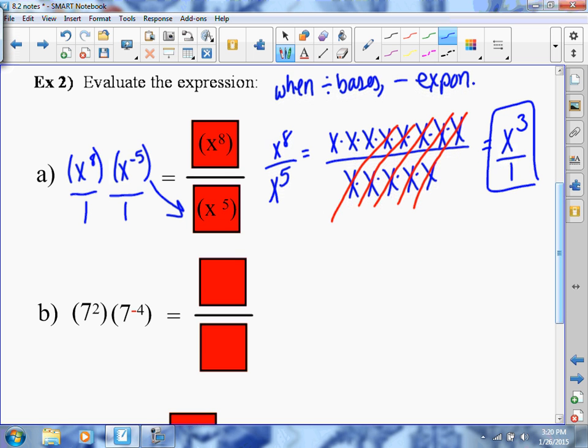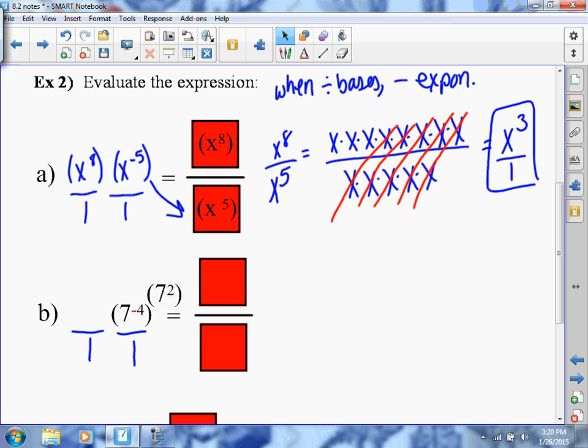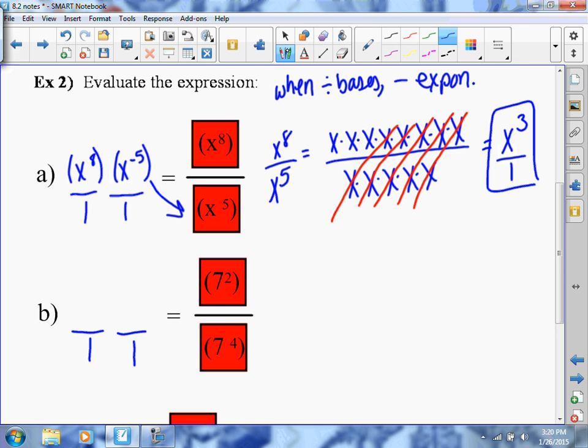Okay, now for part B, again, these are both in the numerator right now. We have 7 squared and 7 to the negative fourth. So this 7 squared would stay in the numerator. But this 7 to the negative 4 would move down to the denominator because it's negative. If it's negative in the numerator, you move it to the opposite location.